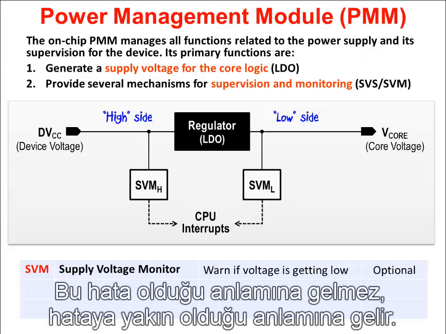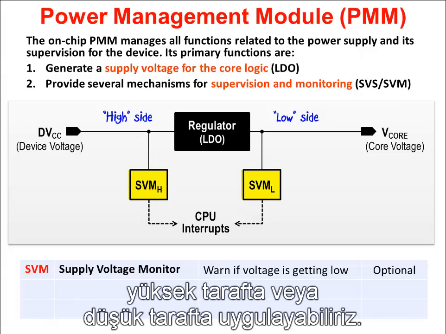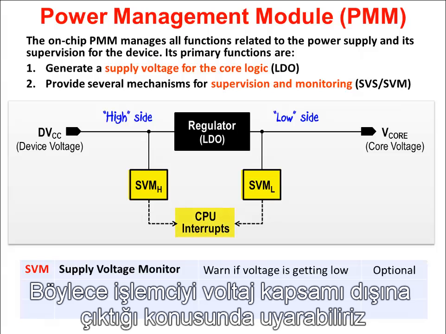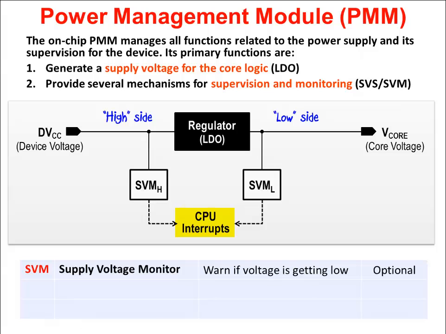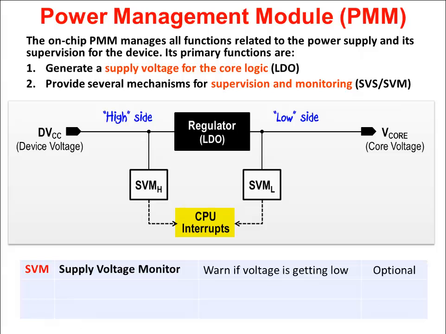This doesn't mean that they're failing yet, it just means they're getting closer to failing, and we can use these events either on the high side and/or the low side as a way to generate an interrupt to the CPU to warn it that we may be getting close to going out of voltage, or maybe there's something that the program can do to mitigate or respond to this type of event.